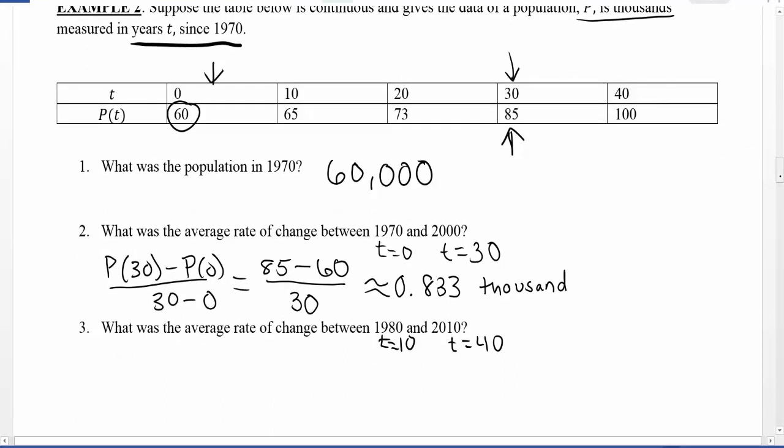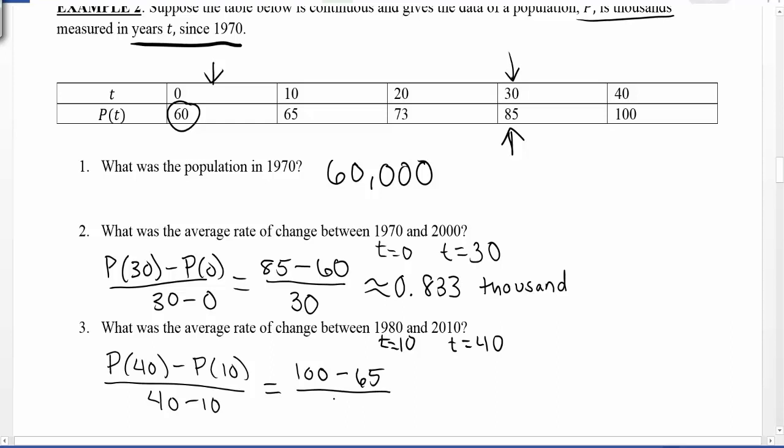So when we apply our formula here, we're going to have p of 40 minus p of 10 divided by 40 minus 10. So p of 40, we go to our table, we get the corresponding y value, which is 100. P of 10, we get the corresponding y value, which is 65, divided by 40 minus 10. 40 minus 10 is 30.